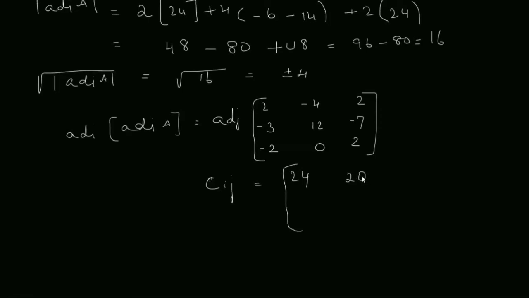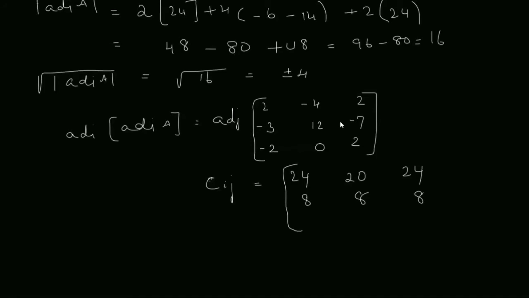Cofactor of 2 will be plus 24. Cofactor of the next element is 8, next is 8, next element is also 8. I think you all know how to find it.